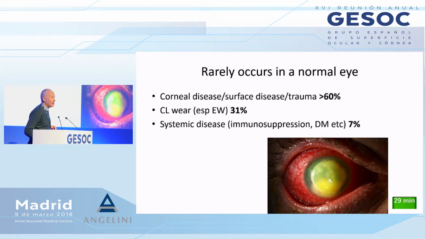Almost 2/3 are ocular surface disease. We have a small number of patients who are systemically unwell, particularly in intensive care units, that kind of thing, who will develop a corneal infection through exposure, those kind of situations, but it rarely occurs in normal eyes. And contact lens-related infection in young people is a big problem for us.